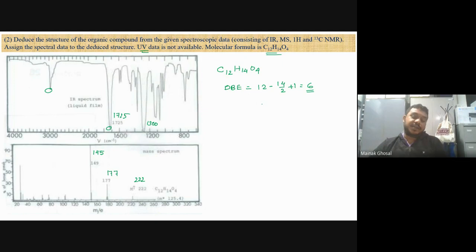There is a high possibility of an aromatic ring being present. Now, the peaks in the IR: you see first a peak at 1725 cm inverse. You see a peak at 1300, right?